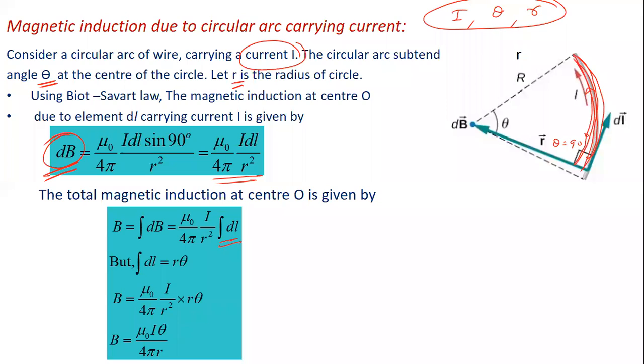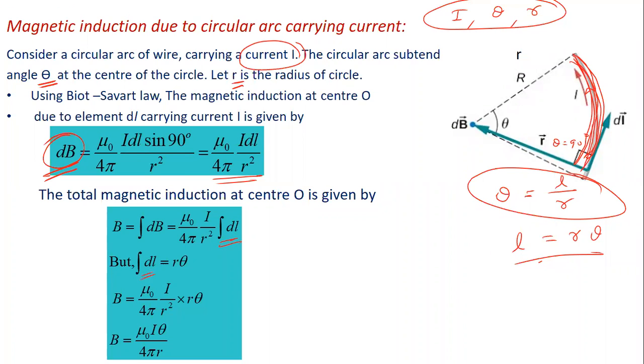But by geometry, theta is equal to L divided by R, so we can write L is equal to R into theta. So integration of dl gives us the total length L, and it is R into theta.